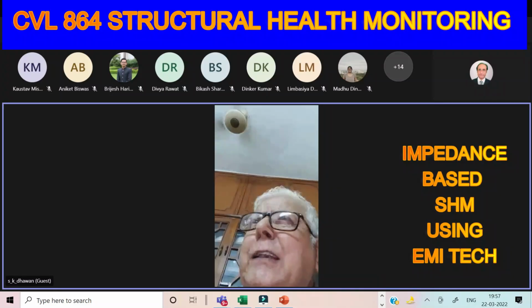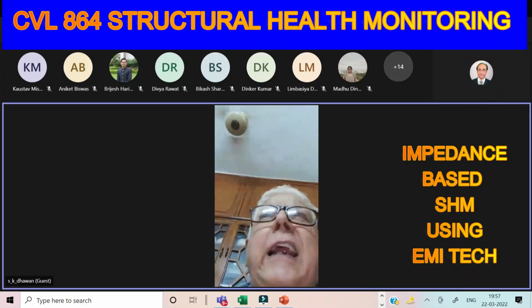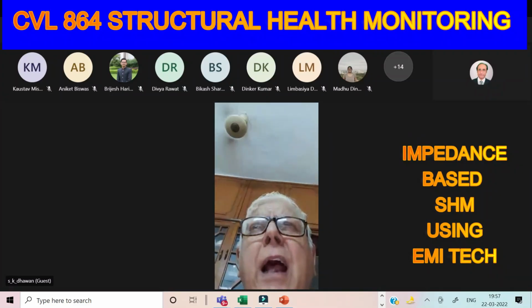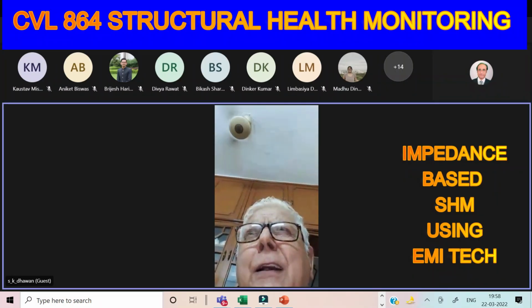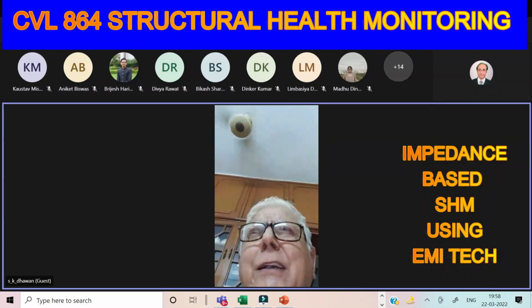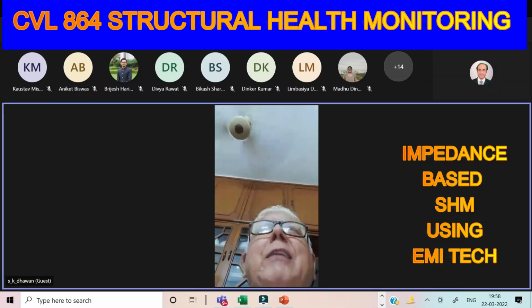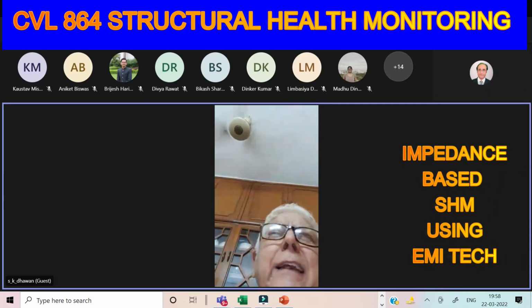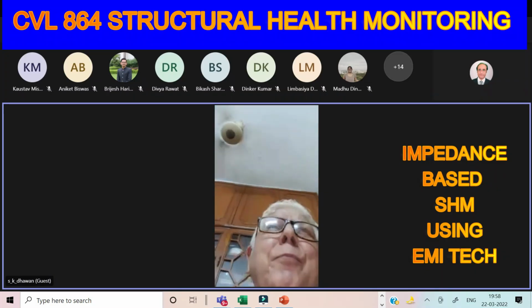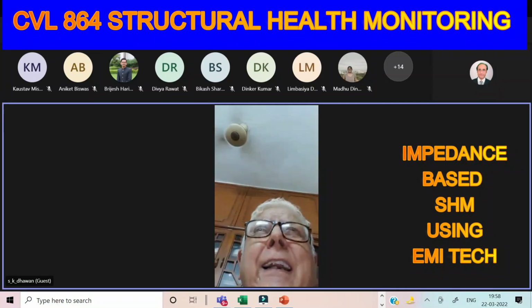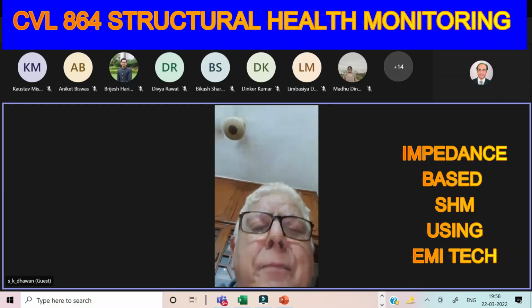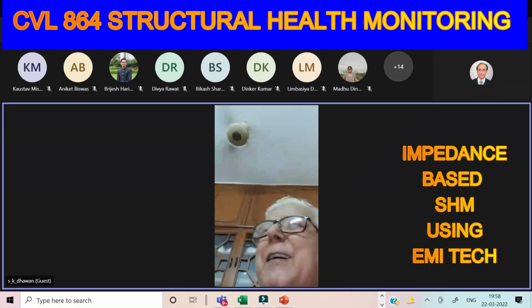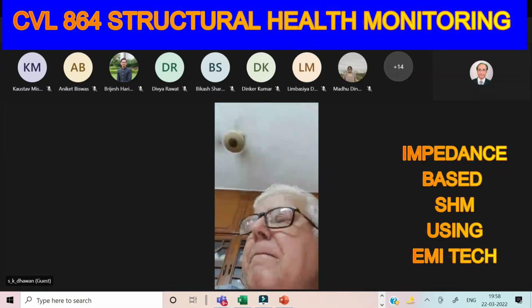So from the frequency range, through FFT, I converted the entire thing to the time domain and then worked out separately the behavior of stiffness, the behavior of damping, the behavior of mass, and the capacity actually in the lab. I found that the capacity with respect to time also gets reduced. I just wanted to share this.